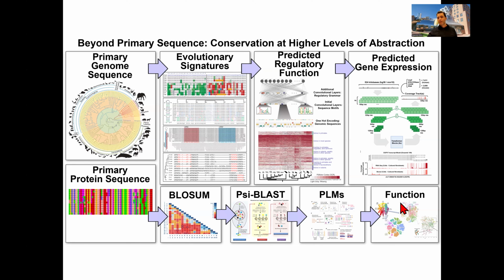And you can use all of that to start modeling the function of an amino acid in the context of that entire protein, and now start measuring conservation at that level.